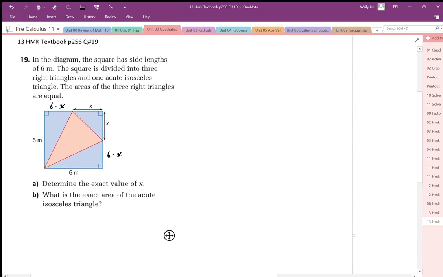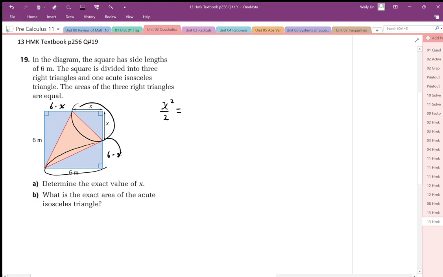So first of all, we need to set up an equation for this. The equality I'm going to set up is this: the x squared triangle, so x squared over 2, this triangle in here, is going to be equivalent in area to this triangle here.